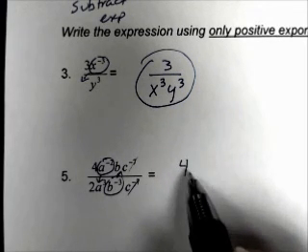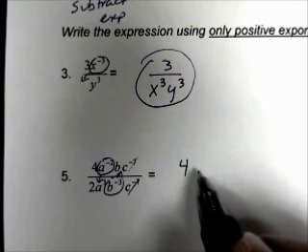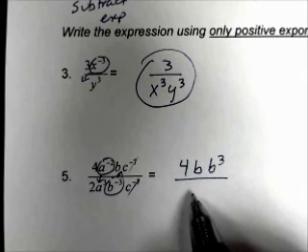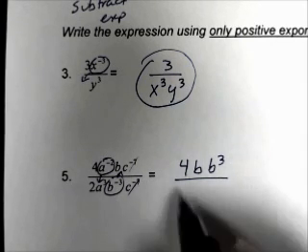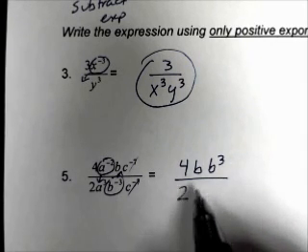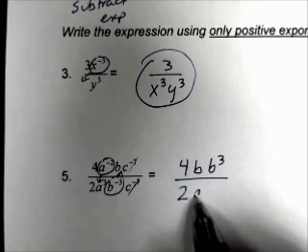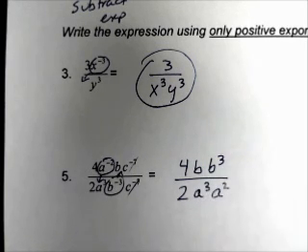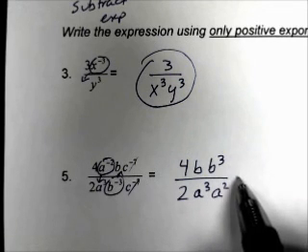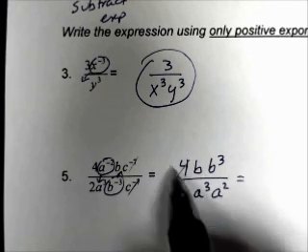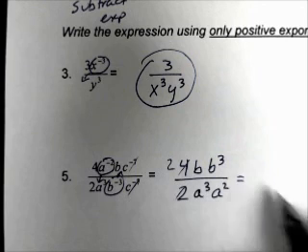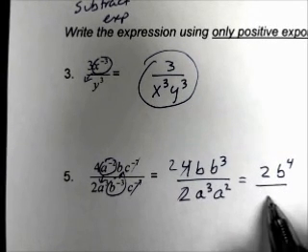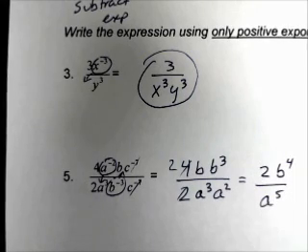Okay, so I have 4, excuse me, I said 5, but this is 4. 2b times b to the 3rd over a to the 3rd times a squared. And now these can reduce. So I have 2b to the 4th over a to the 5th.